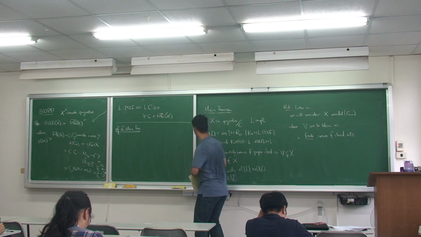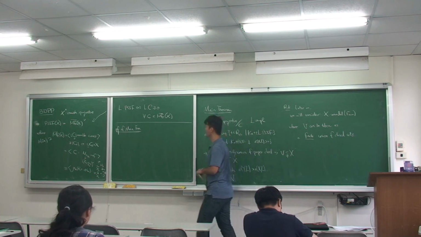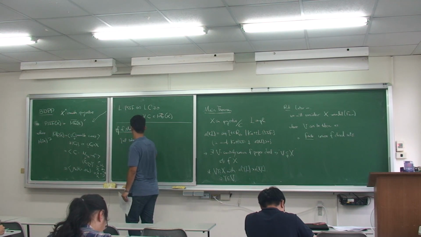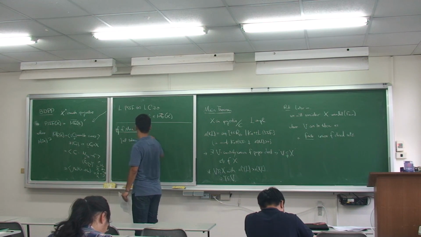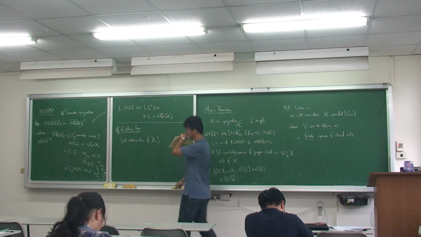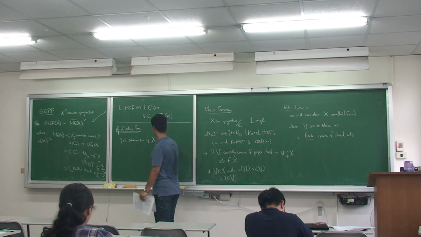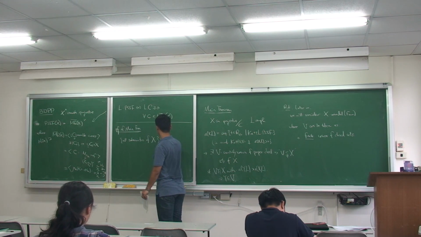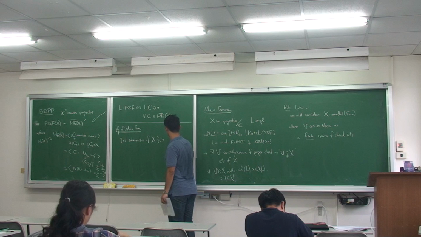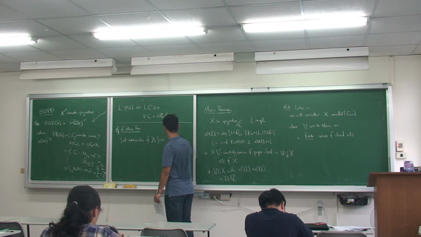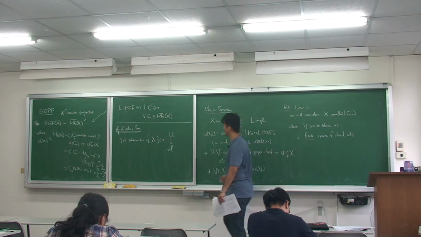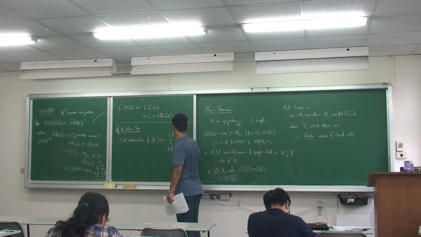So the first step is you consider all subvarieties of X. We're going to interpret this in terms of a family of varieties. You can think of that as a union. I can use either the Hilbert scheme or the Chow variety. So this is a family of subvarieties.